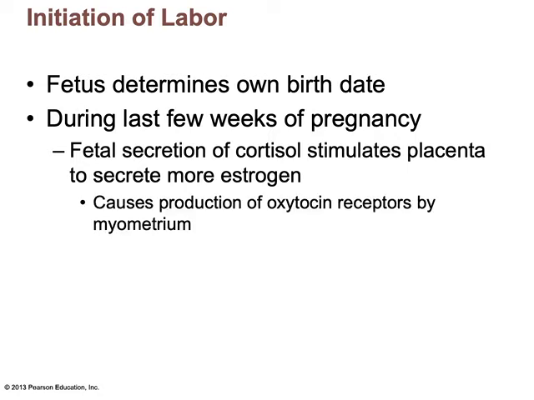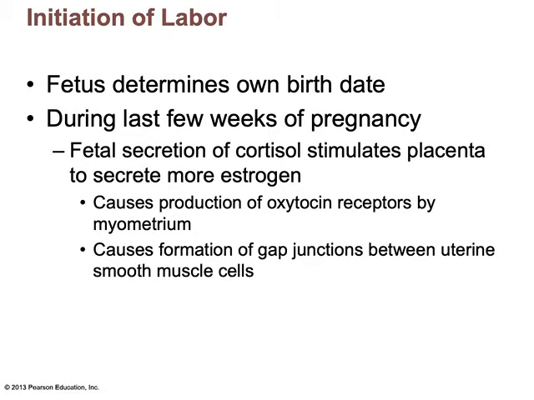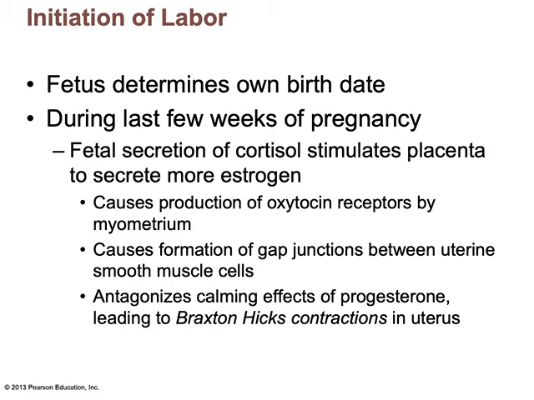That causes more oxytocin receptor production in the myometrium and makes the myometrium more sensitive to increasing oxytocin levels. We see gap junction formation between the uterine smooth muscle cells, and the high estrogen levels end up countering the effects of progesterone, and you can often get false labor, which we call Braxton Hicks contractions.